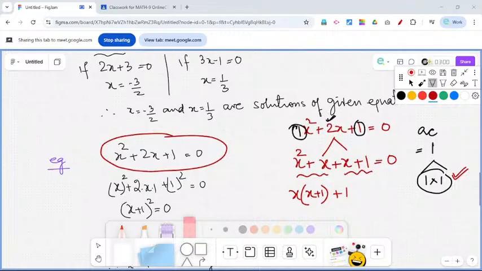Okay? So a quadratic equation can have one solution, it can have two solutions. So this method is by using the factor method.